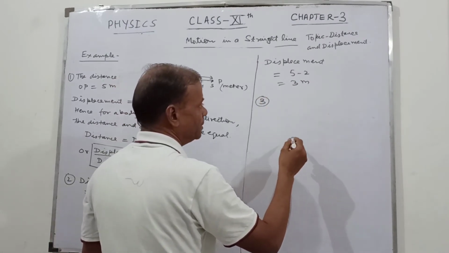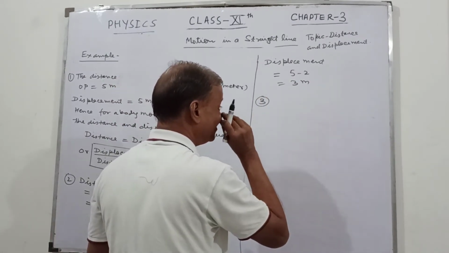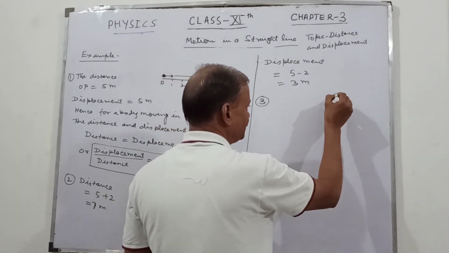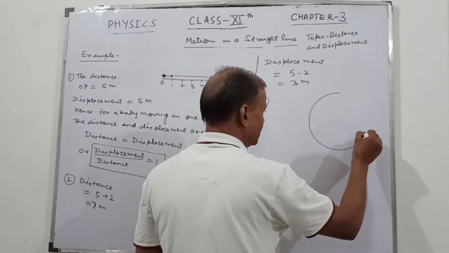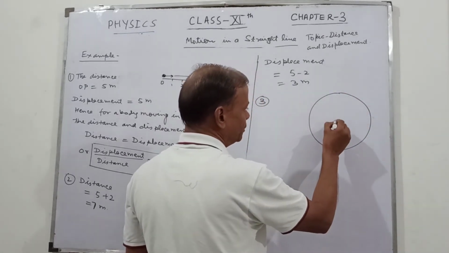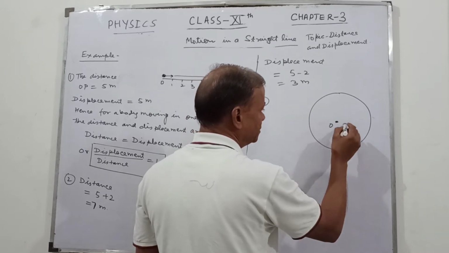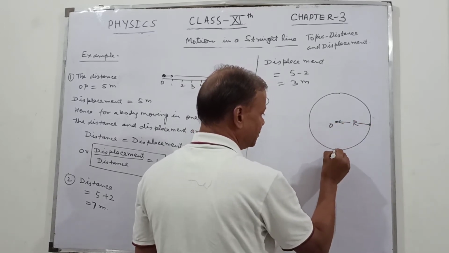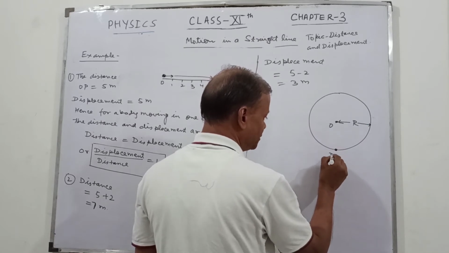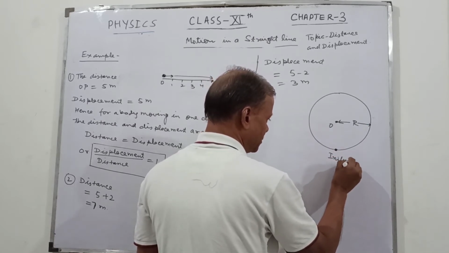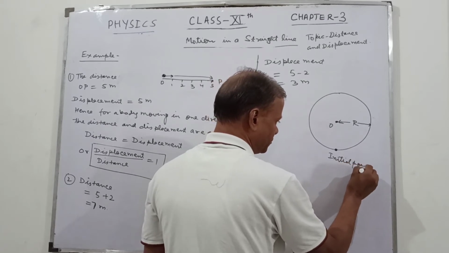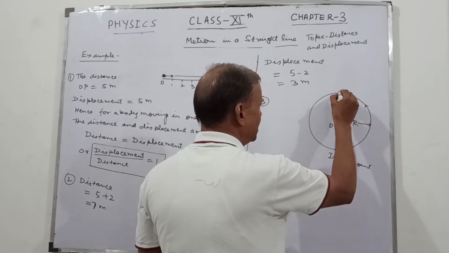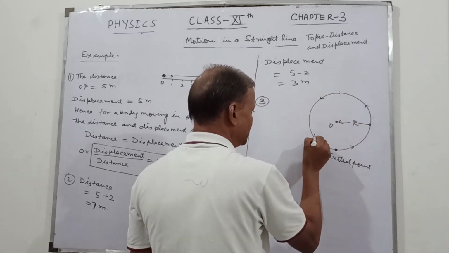Now I take another example. Suppose you are given a circular path. This is the center, and the radius of this is so much. The object starts from this one. This is the initial point, and then it moves from here to this, and then to this, and then this.